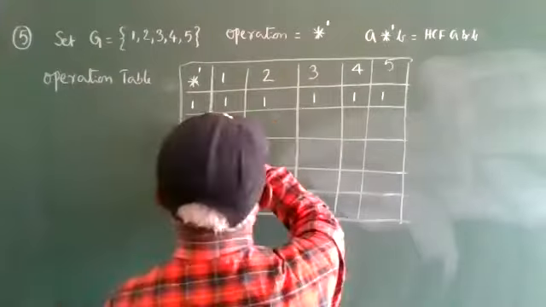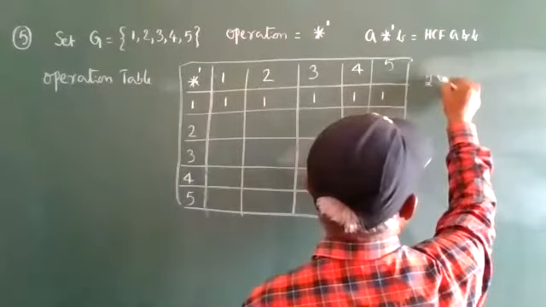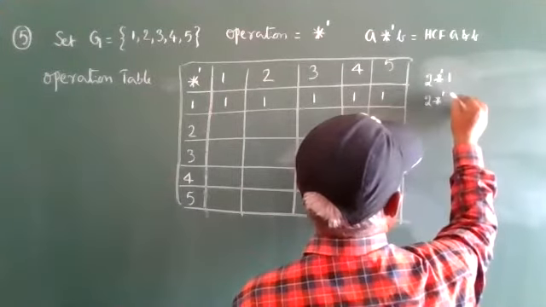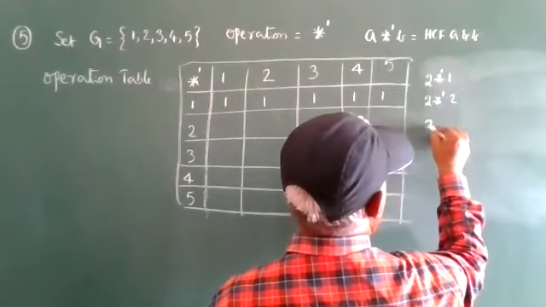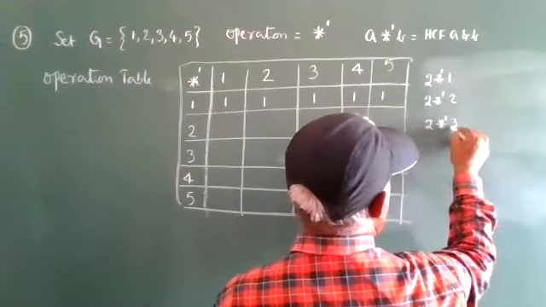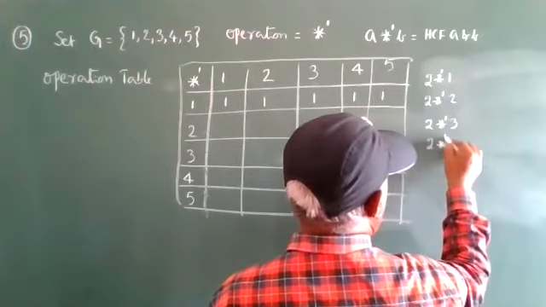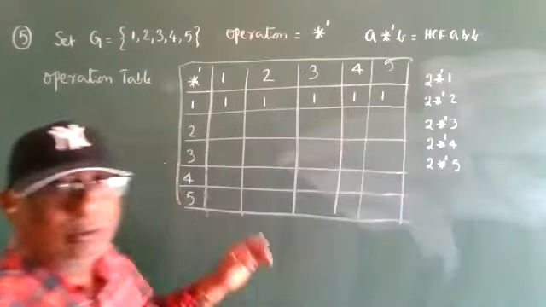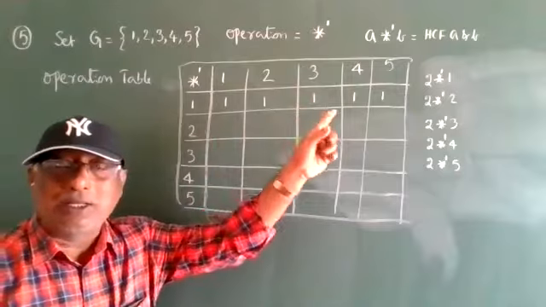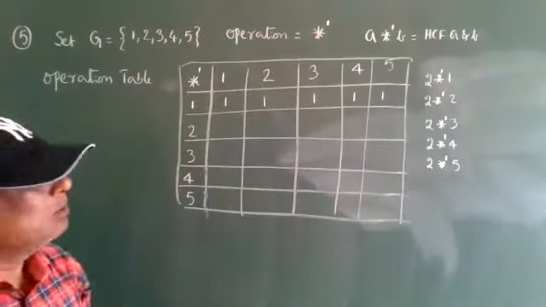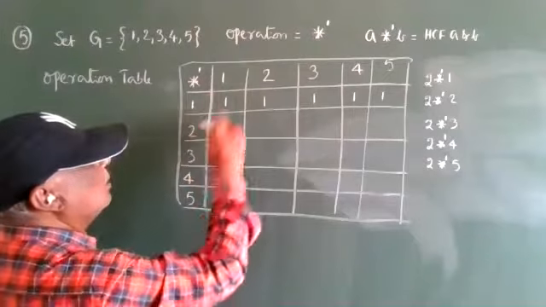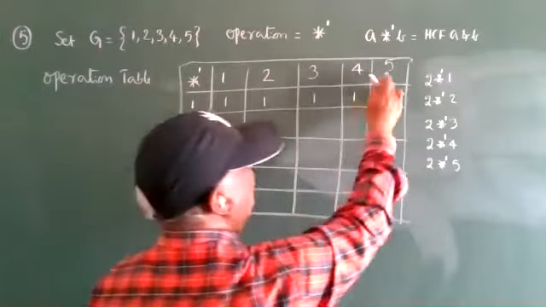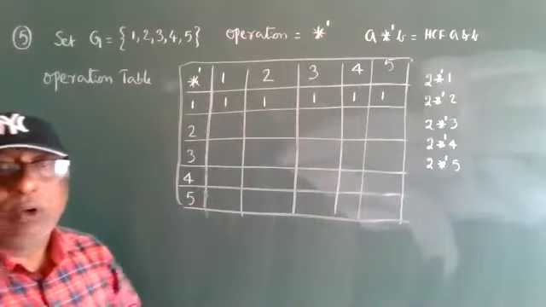Vertical 2: 2 star 1, 2 star 2, 2 star 3, 2 star 4, 2 star 5. For vertical number 2, we can take all the horizontal numbers. Okay, right, everyone see.